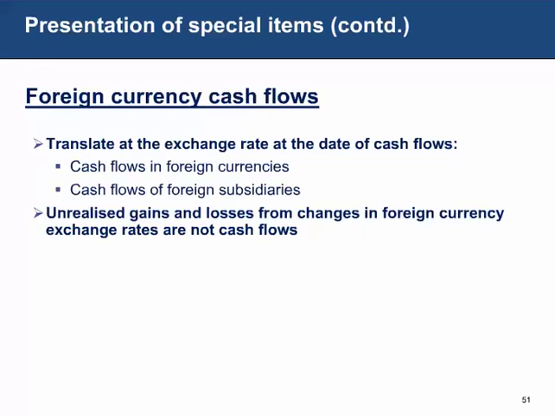So unrealized gains and losses from changes in foreign currency exchange rates are required to be adjusted, as these are basically non-cash items. Only the realized gains and losses are the real cash flows and are taken into account while preparing the cash flow statement.